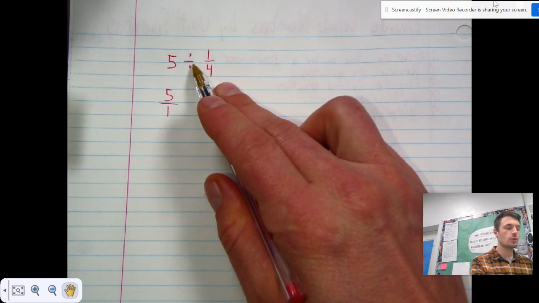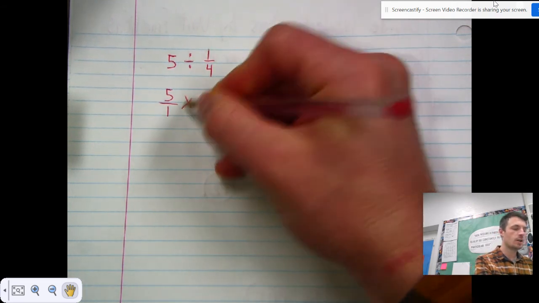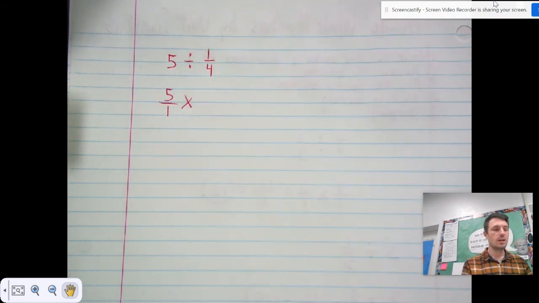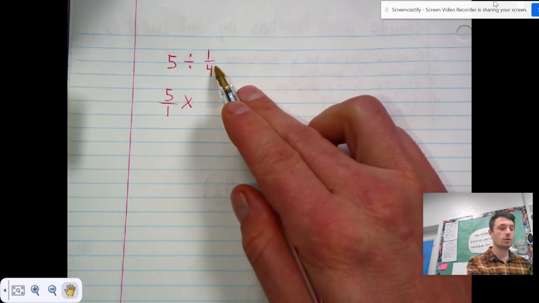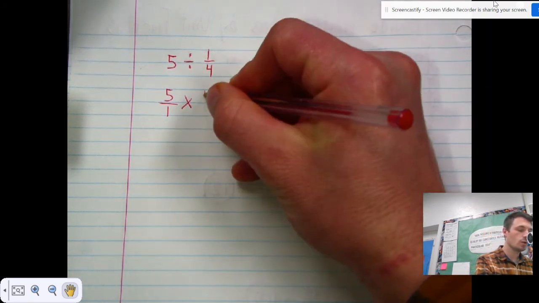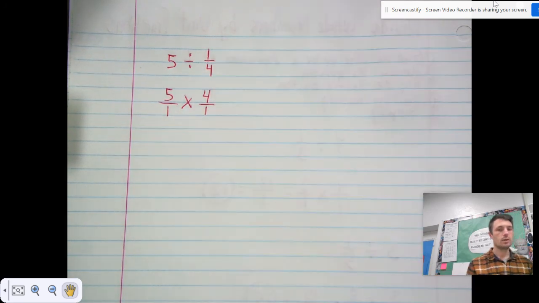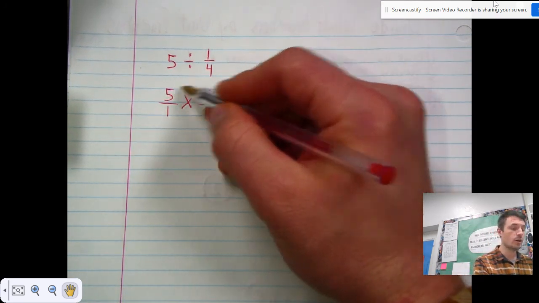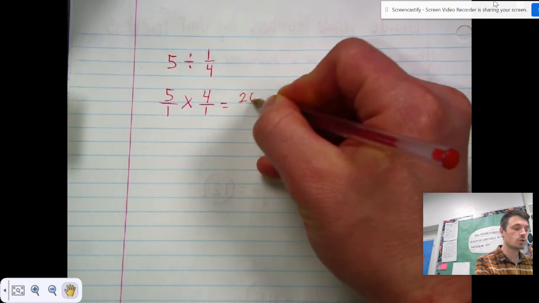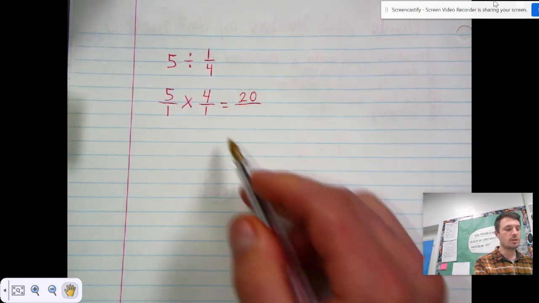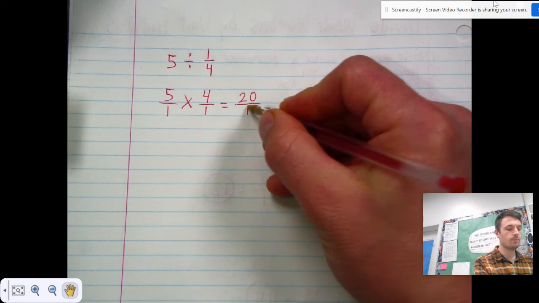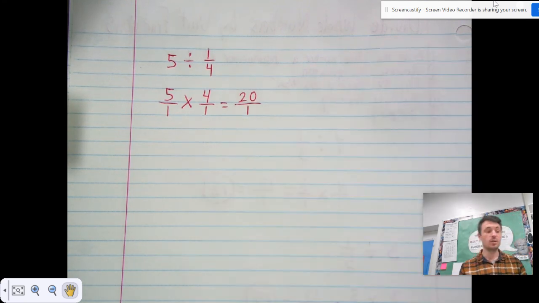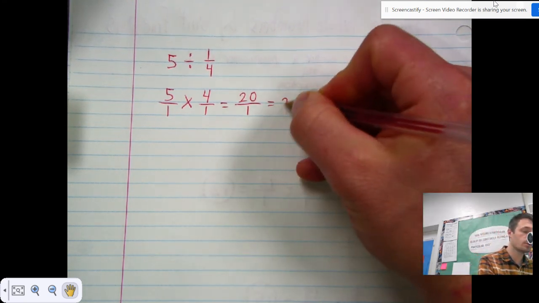So we go from division to multiplication. Step 3, flip the second fraction. We change it from 1/4 to 4 over 1. Step 4, multiply normally. Numerator times numerator, 5 times 4 is 20. Denominator times denominator, 1 times 1 is 1. Step 5, simplify. 20 over 1 simplifies to 20.